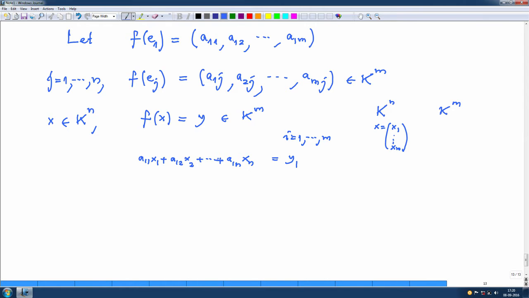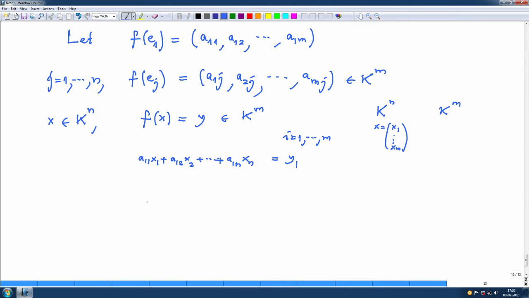That is the first component of f of x. Remember, because f of vj we are thinking as a column vector, the first component will be a1j times x1, a2j times x2 and so on.